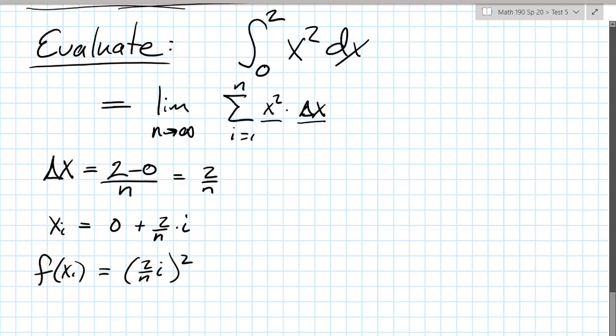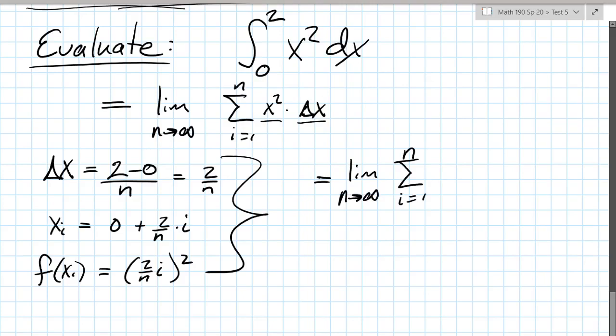So using this, we can rewrite our limit as n approaches infinity of the sum from 1 to n of (2 over n times i) squared times 2 over n.